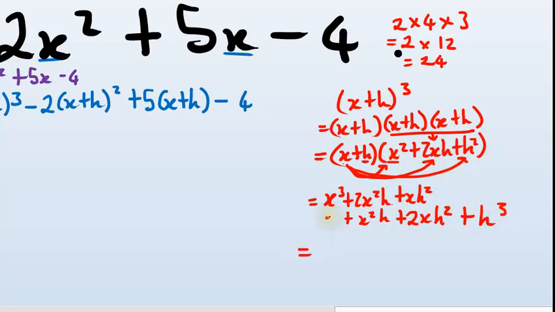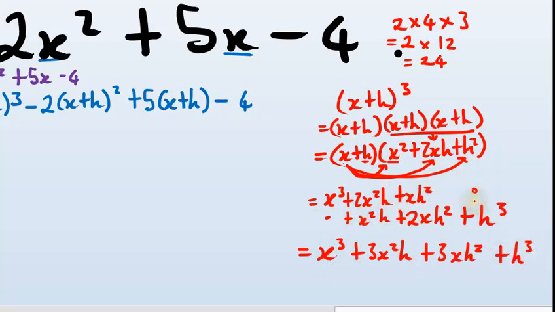Not like term to add with, but these two guys, they've got a lot of business together. So you have x cubed plus 3x squared h plus 3xh squared plus an h cubed.